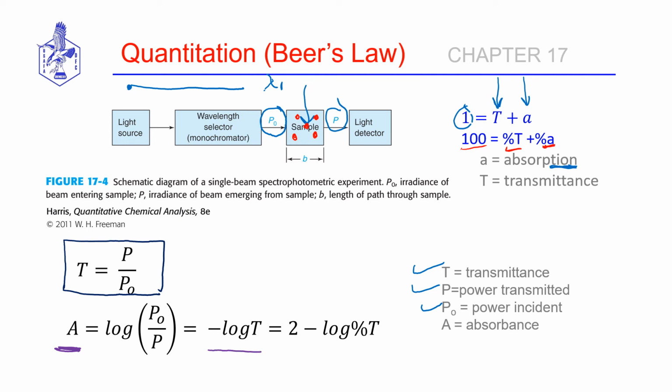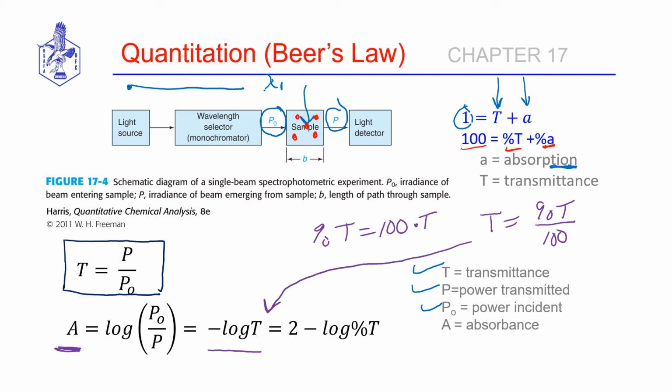And if you wish to work in percent transmittance, remember percent T equals 100 times transmittance, or in other words, transmittance is percent T divided by 100, and if you substitute that into this equation, you get that absorbance equals 2 minus log percent T.